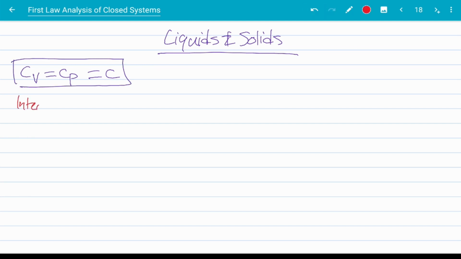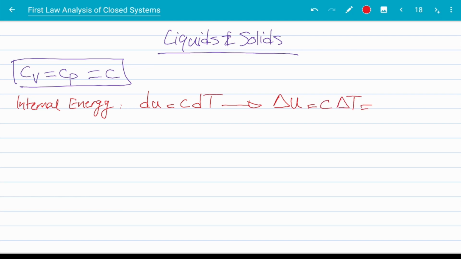Now when trying to calculate the internal energy, we can use the equation dU is C dT. And assuming that C is a constant, we get that the change of internal energy of a liquid and a solid is C delta T, or C times (T2 minus T1).